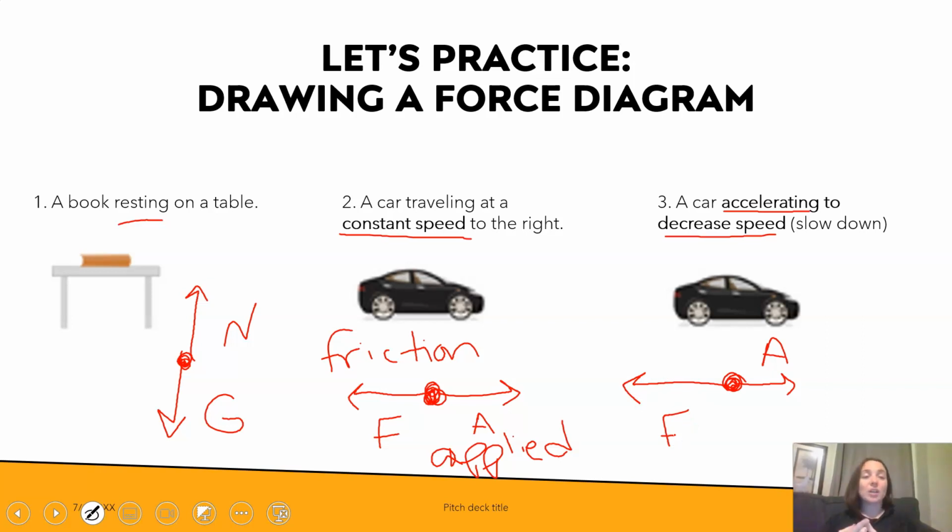That would be friction between the car's wheels and the road, as well as friction between the brakes and the wheels. And that will get the car to slow down. Eventually it will come to a stop and the forces will balance out again.